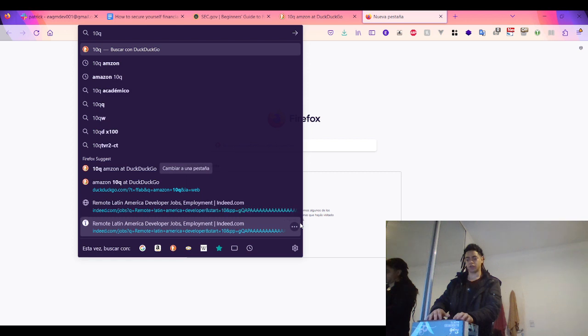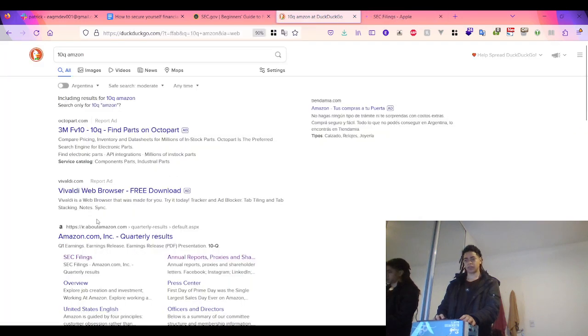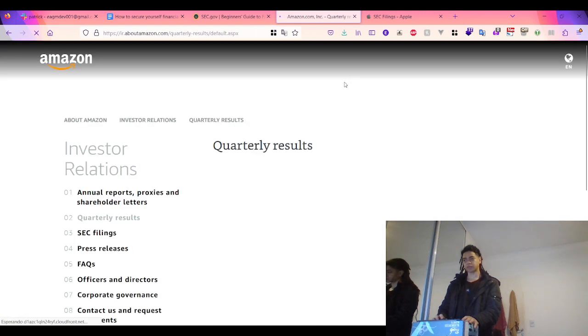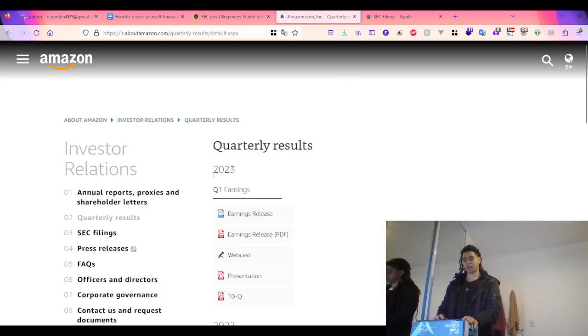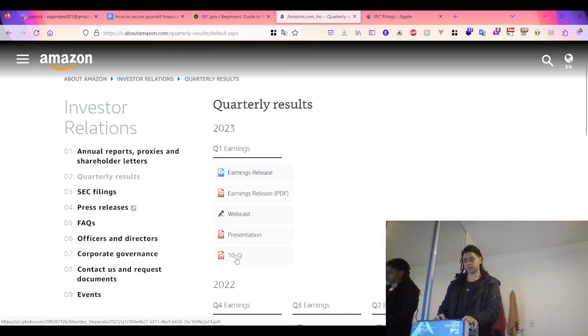Amazon, and then Apple, right? The SEC filings and the Amazon filings, quarterly results. That's right. So this 10-Q is a form like this.